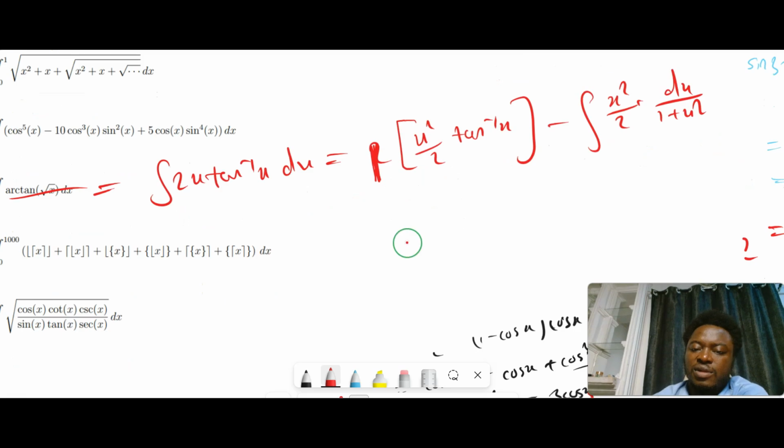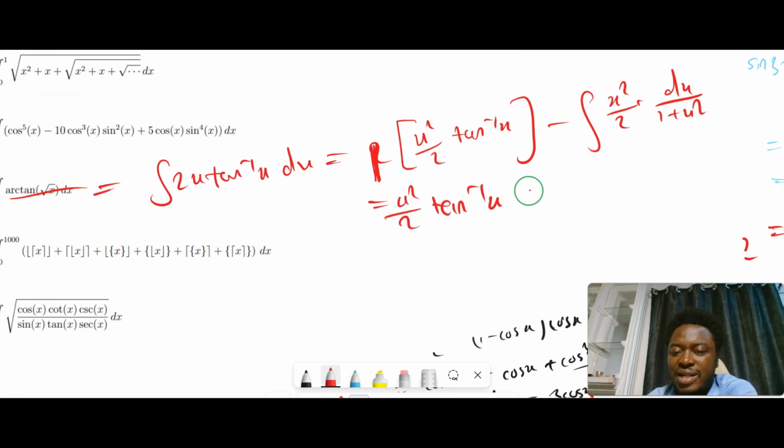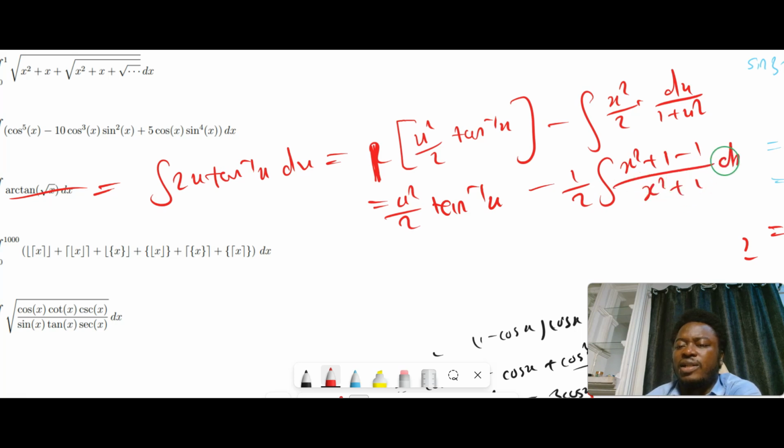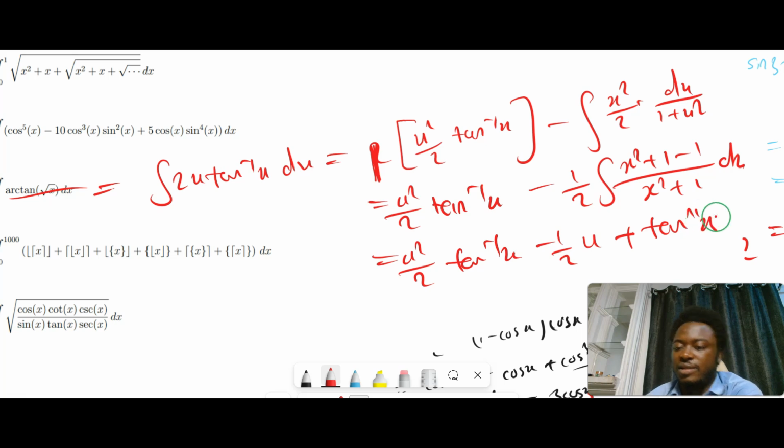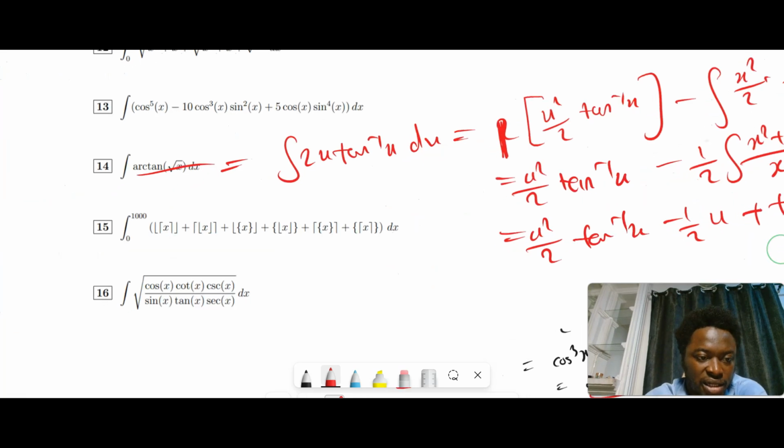So you get u squared over 2 tan inverse of u minus half the integral of u squared plus 1 minus 1 over u squared plus 1 du. So you have u squared over 2 tan inverse of u minus half of u plus tan inverse of u plus c. So that settles that part.